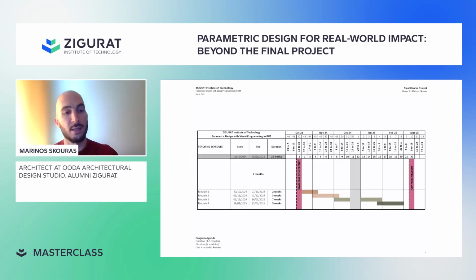These modules are like separate chapters where we were taught different things in each chapter. The lessons were either live or recorded, and it gave me the flexibility to follow them at my own pace and adapt them to my personal schedule, which in the end proved really helpful in order to move the project forward and finally be able to create a fully parametric design.